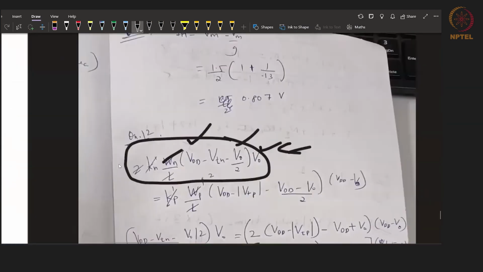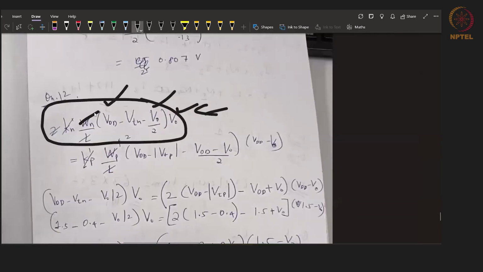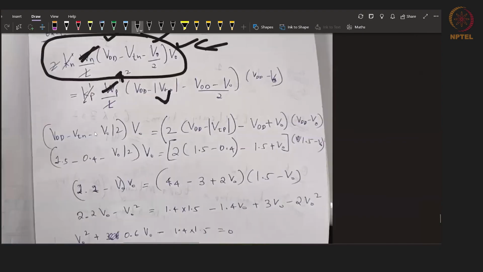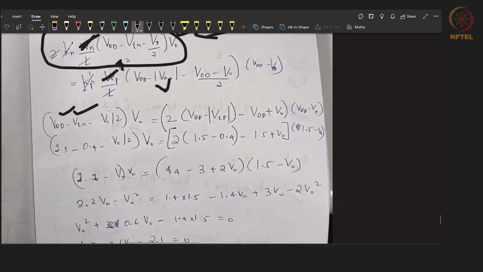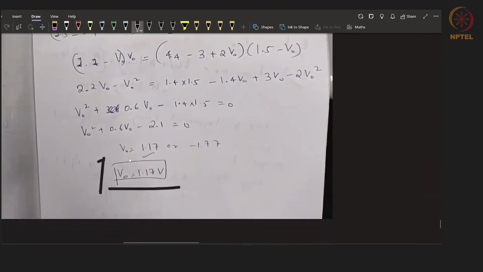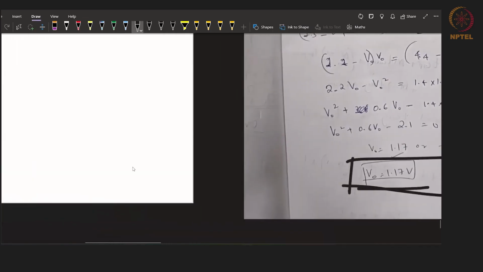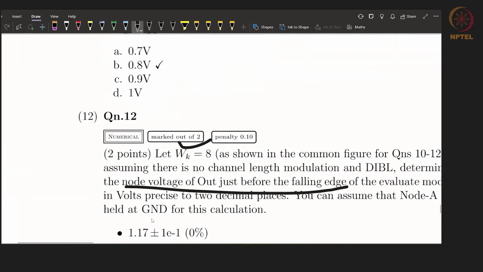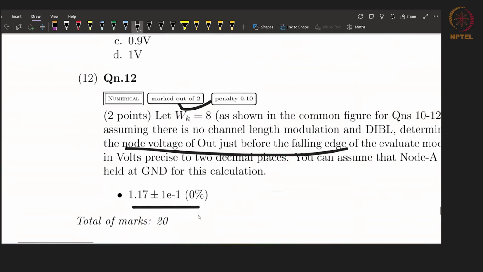Wn is 2. So therefore what you would have done is 2 and 8, which is 4, and carry on, use that value and use VDD, VT value to solve finally for V naught. Everything else is given to you in the common data, right? So finally, when you solve for V naught and you get 1.17 volt, it's exactly what is expected over here.